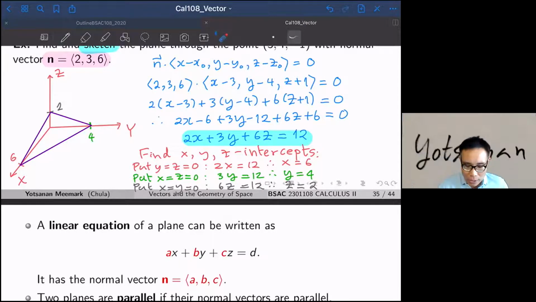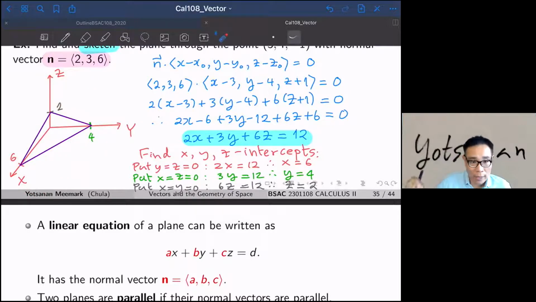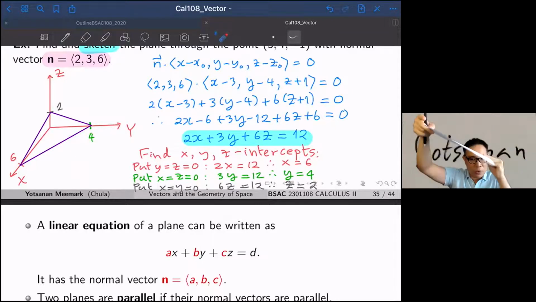So you're going to have some pieces of paper at the back that you won't see. It continues in all directions. So that gives you the whole plane. The whole plane will look like this piece of paper that you see here.